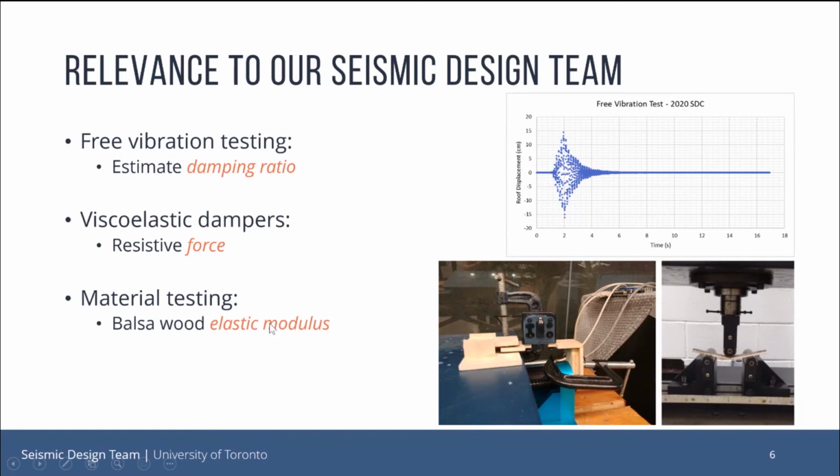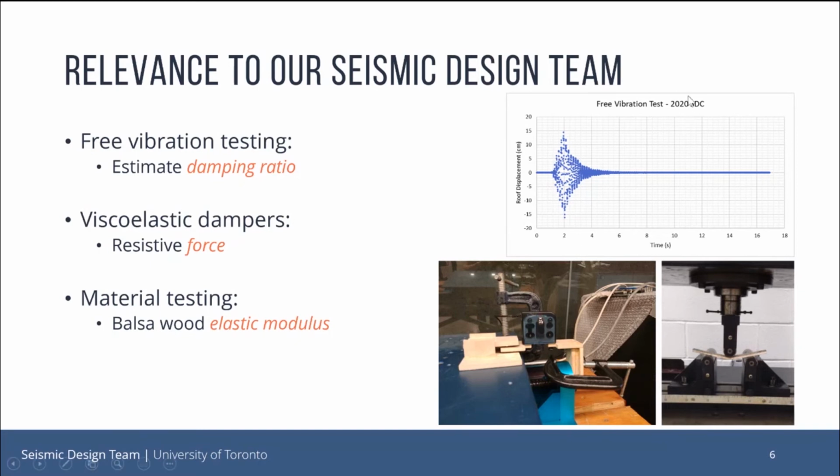So you'll see here that I have elastic modulus, and that is basically related to what the stiffness of the balsa wood is, or it acts as a measure of how resilient or resistant the balsa wood is towards being pulled or being compressed.